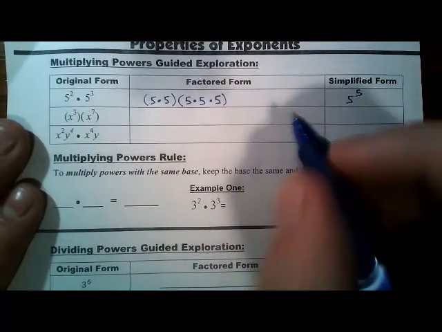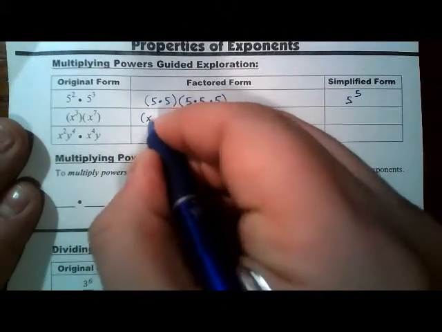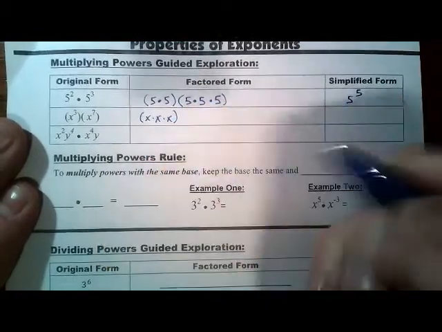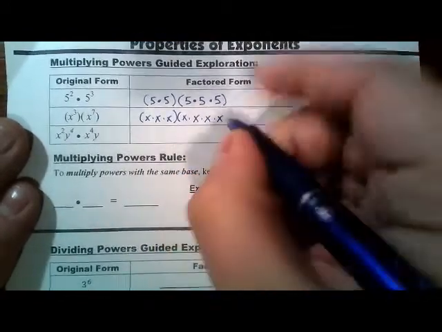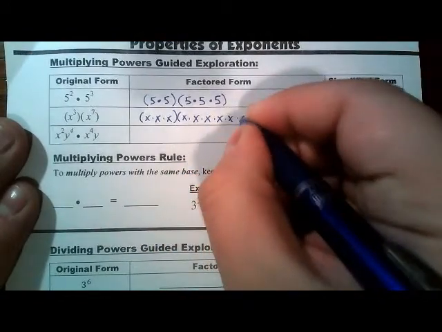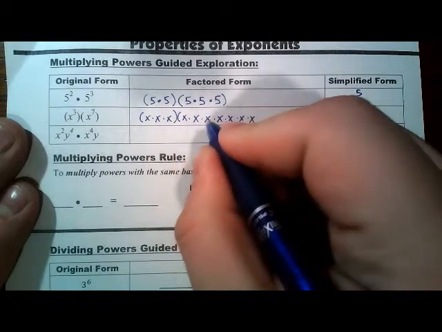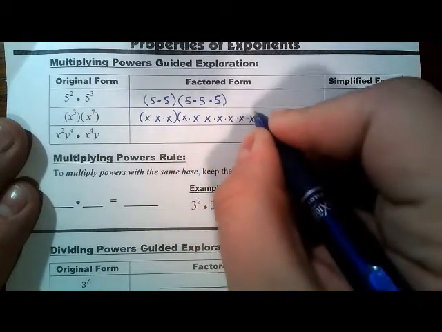And the same is true for x. X cubed is written like that in factored form. Same thing with x to the 7th: 1, 2, 3, 4, 5, 6, and 7.